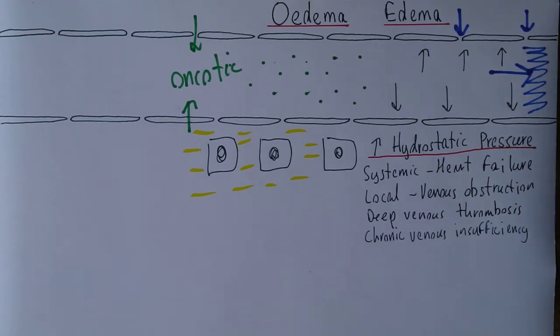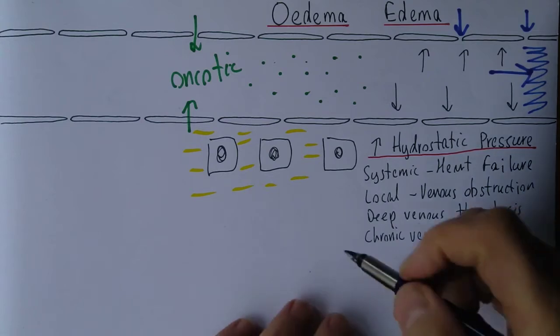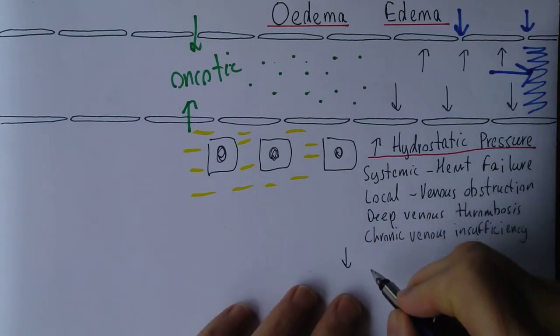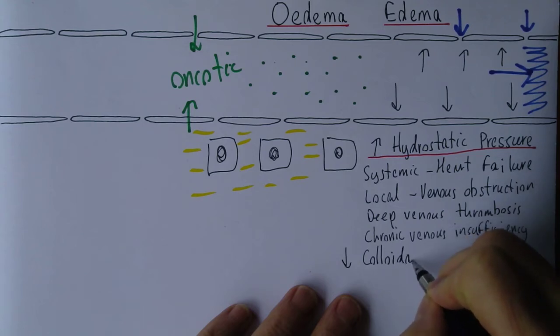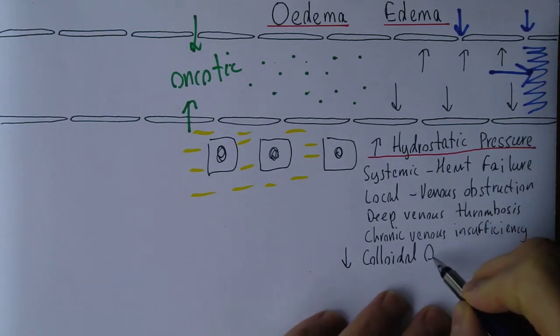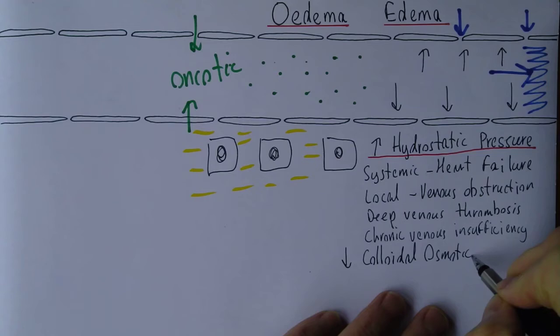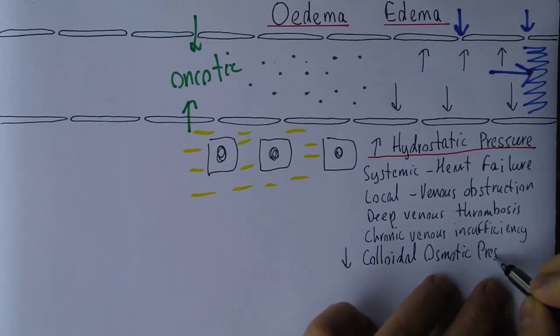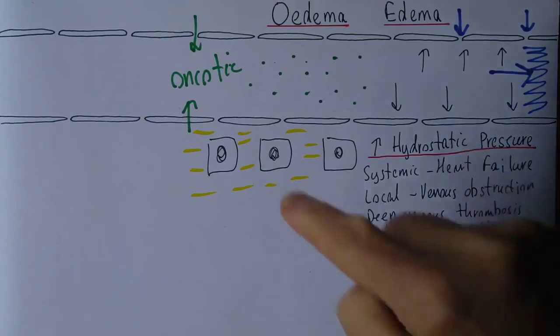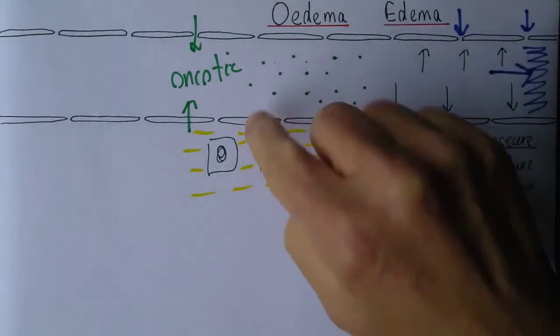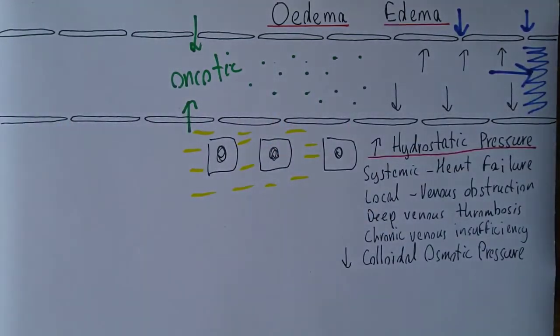Now the next one I want to talk about is decreased colloidal osmotic pressure. Now we know there's a lot of sodium in here and a lot of sodium out there, but that kind of balances out.